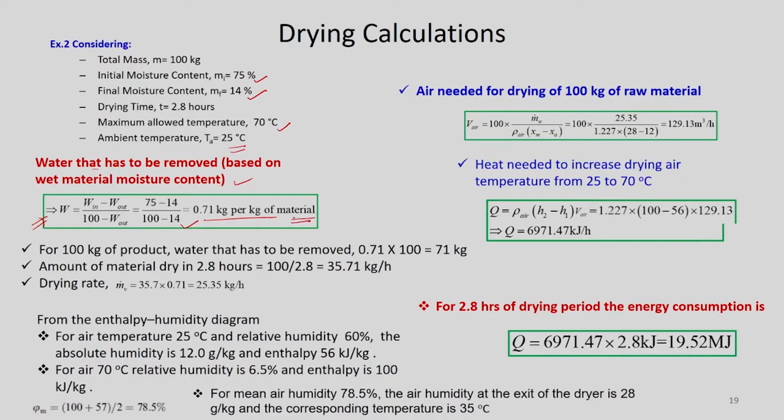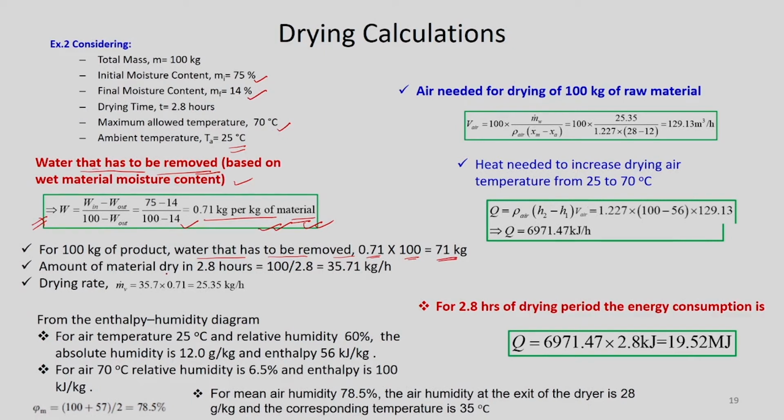That is the water that has to be removed. So, this is for a single kg; for 100 kg of product, the water that has to be removed is 0.71 into 100, it will be 71 kg for this problem.